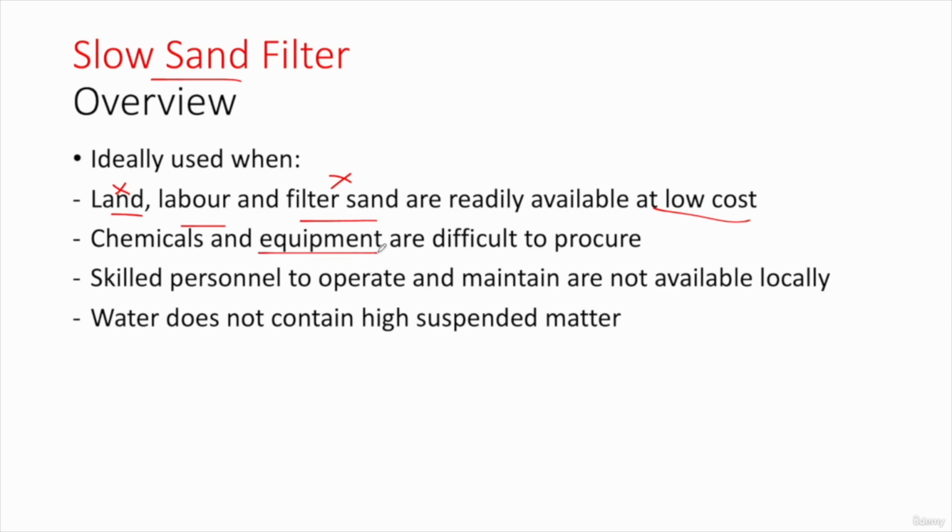The same goes for equipment, because rapid sand filtration involves backwashing using a blower, pumps, dosing pumps for the chemicals, and also mixers. We have many mechanical equipment, and these are not easily found in some regions and some countries, especially if you are working in far regions, in villages that are far from the cities, for example.